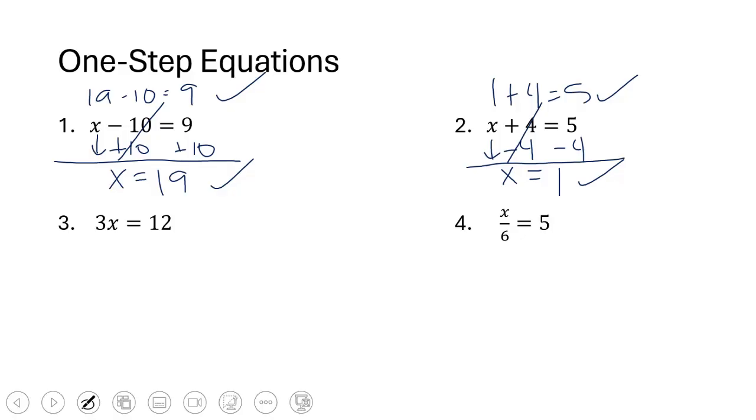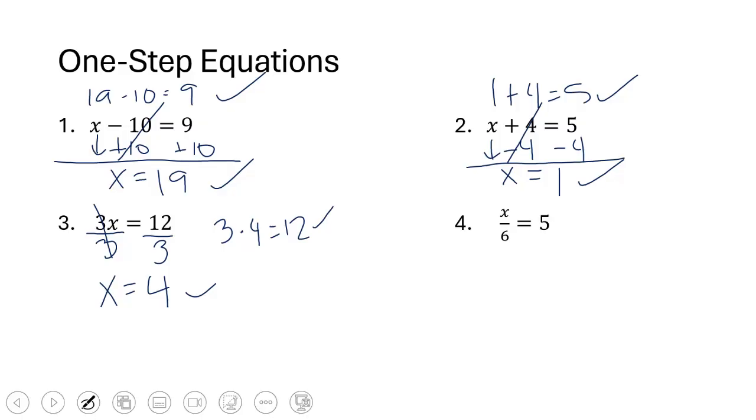So let's get rid of the 3. What's opposite of multiplication? Divide. So I'm going to divide both sides by 3 to move it. Bring down your X, bring down your equal. 12 divided by 3 is 4. Now check it. Is 3 times 4 equal to 12? Yeah, absolutely. So we got it right.